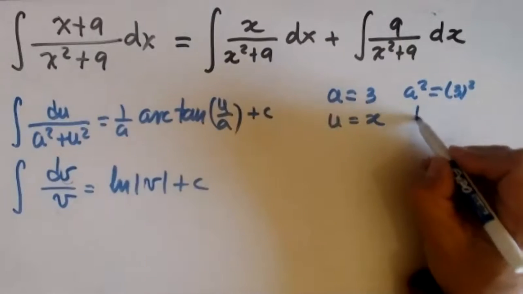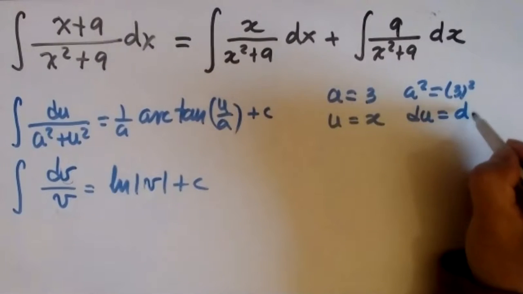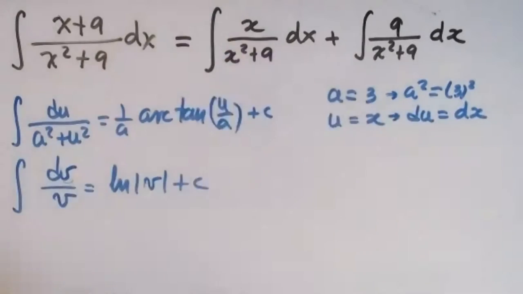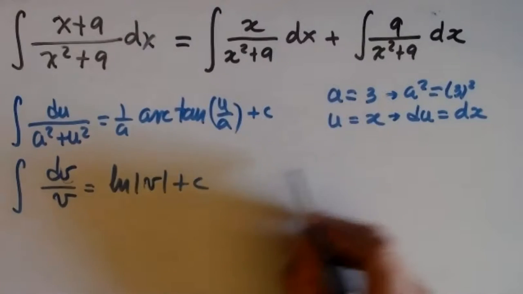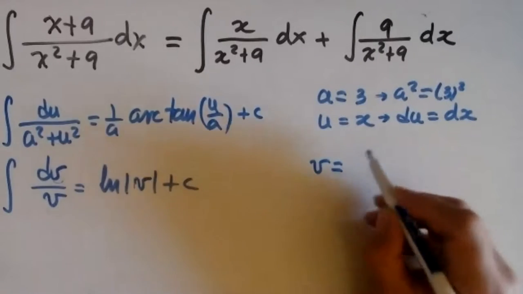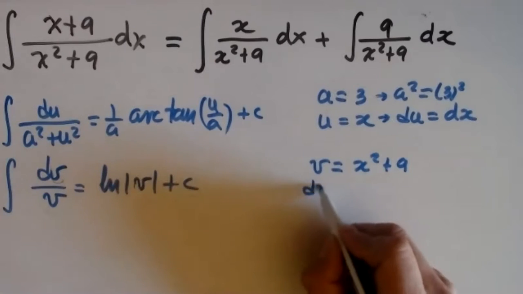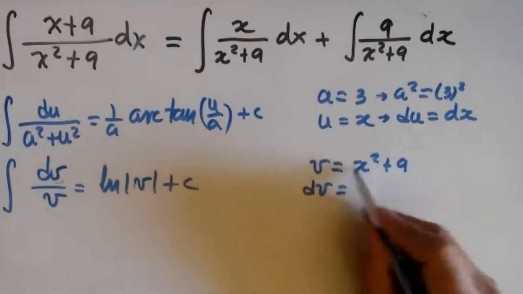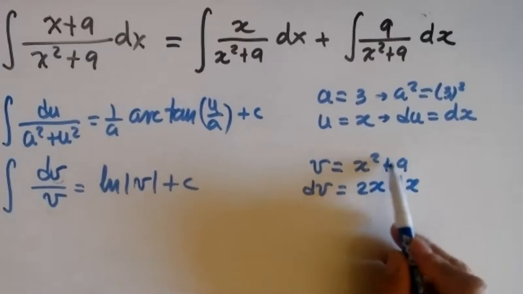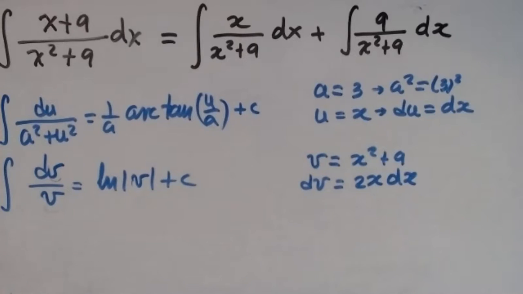So the du is going to be dx, correct? Now, what happened in this case? Well, I'm going to have here the v. Okay, the v is x squared plus 9, and then dv is going to be 2x dx.